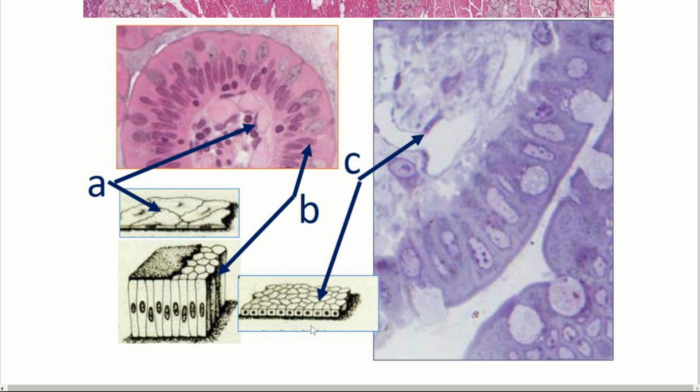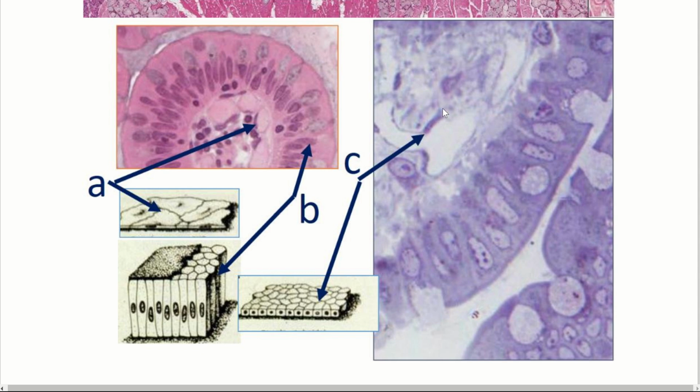Okay, C is simple cuboidal epithelium, and then right here is another endothelial cell lining a blood vessel. You can see this is that blood vessel right here, and this is a little flat endothelial cell.